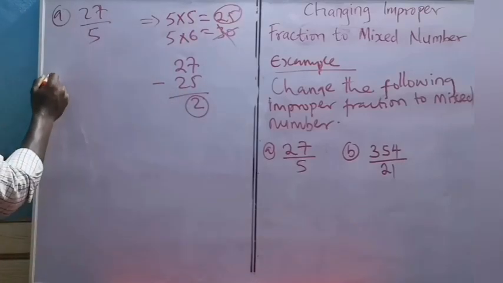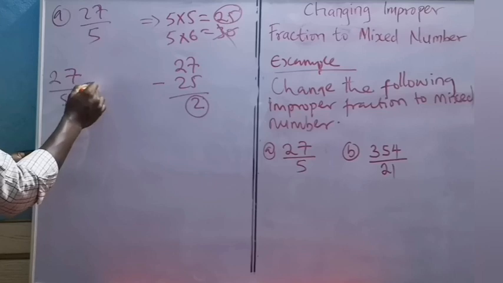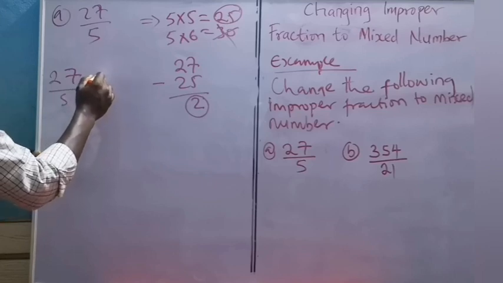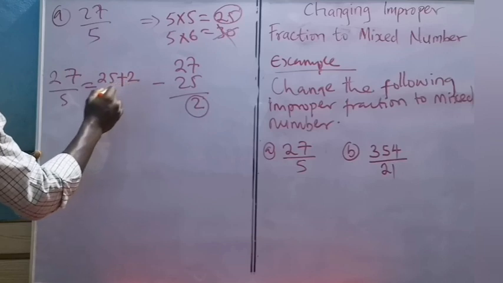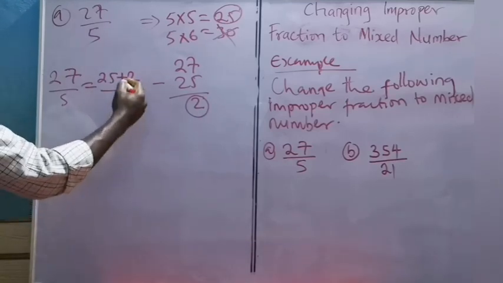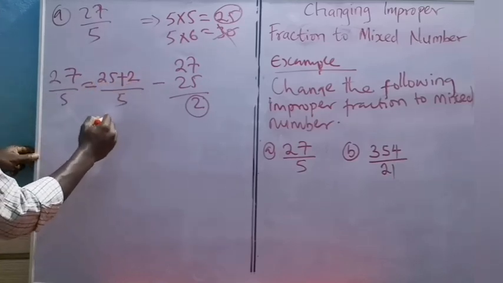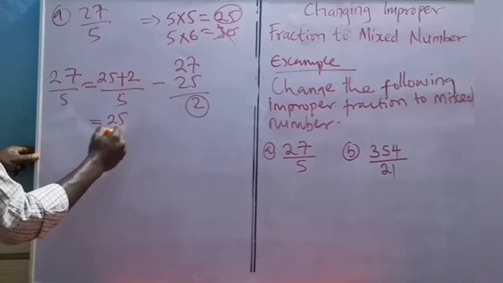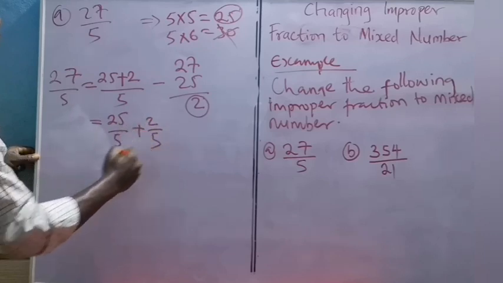Okay, so from here we are going to take 2 and 25. We'll now write this number as 27 all over 5 is equal to 25 plus 2 all divided by 5. Now we'll split this number into 2 so that it will now give us 25 all over 5 plus 2 all over 5.